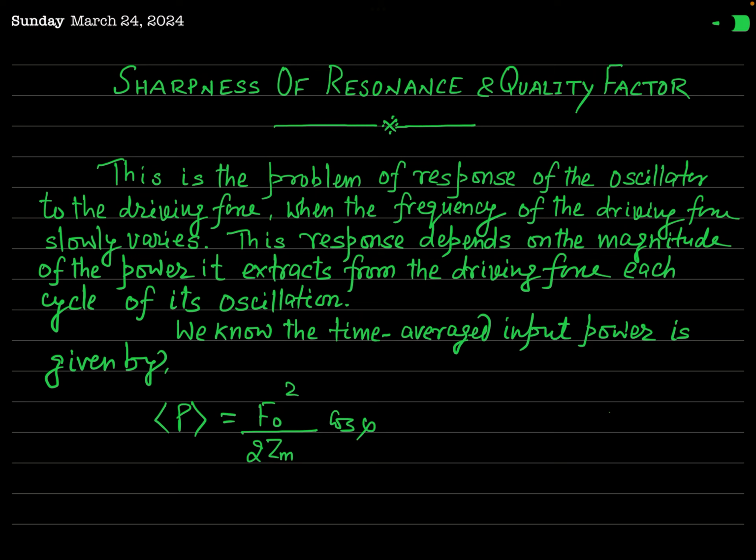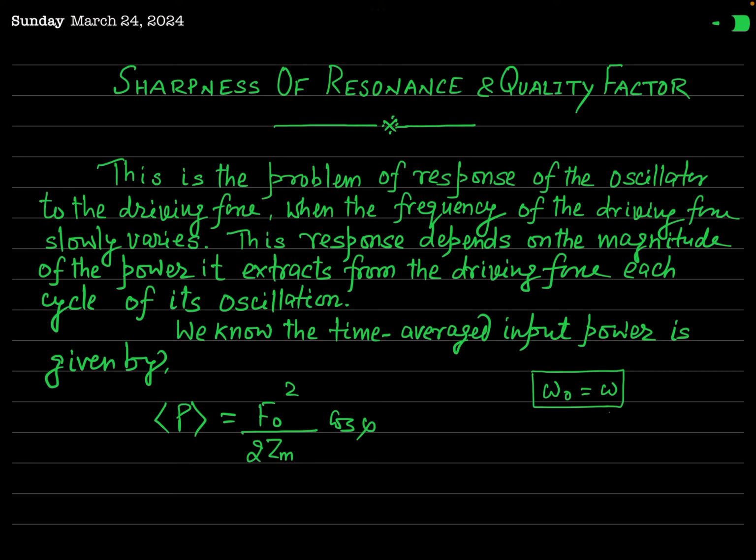In that condition, the natural frequency of the oscillator, omega naught, is equal to the frequency of the driving force, omega. When omega is equal to omega naught, resonance takes place, and in this condition the oscillator derives maximum power from the driving force.